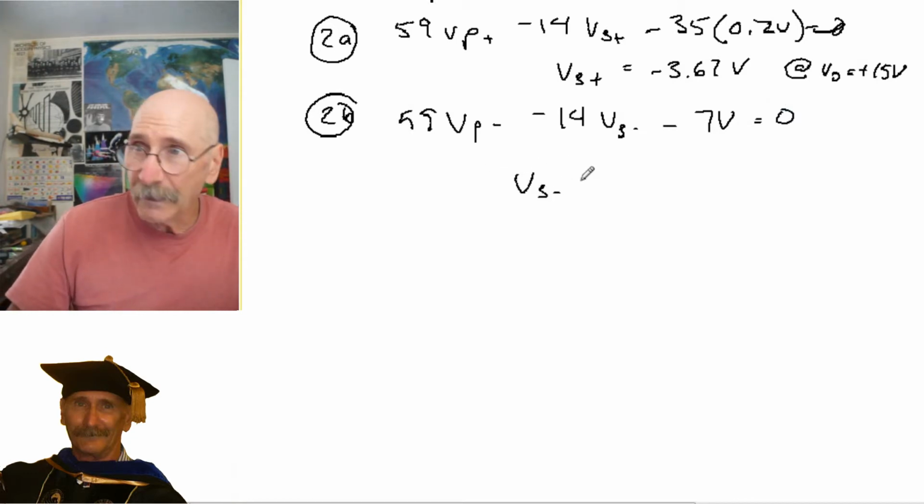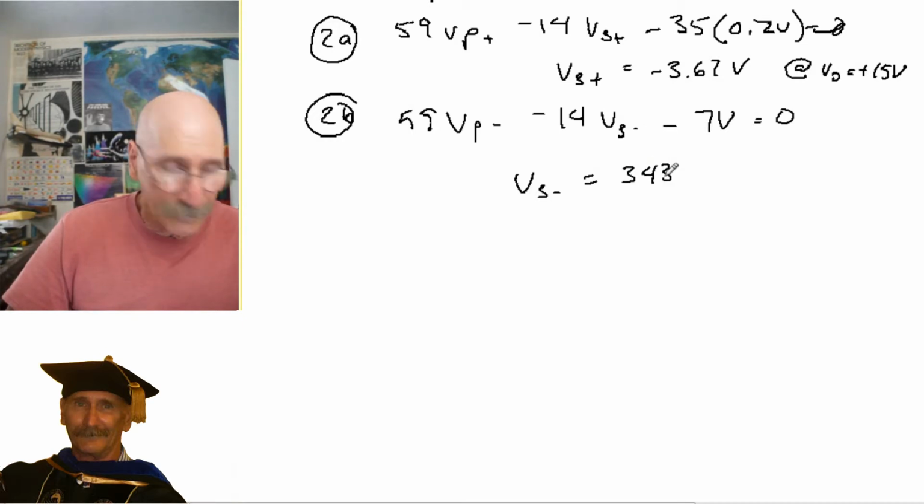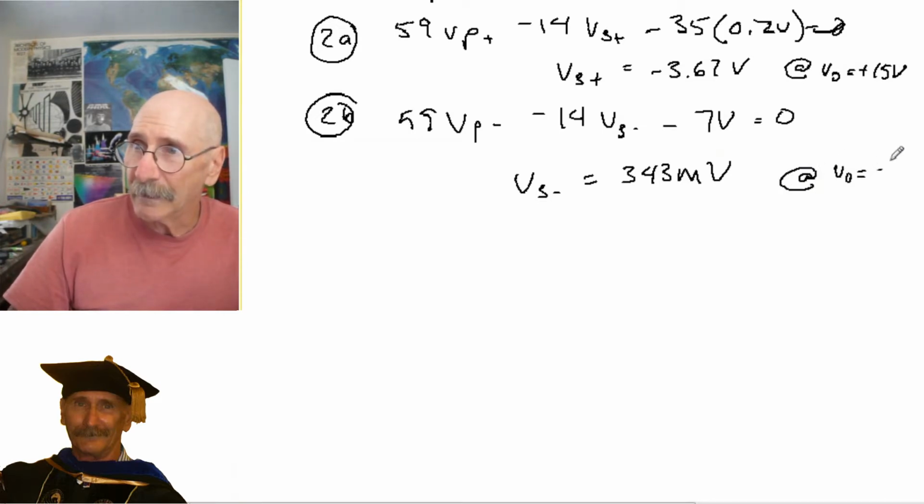Then you solve for V3 minus, and that comes out to 343 millivolts. That is at Vout equals minus 15 volts.